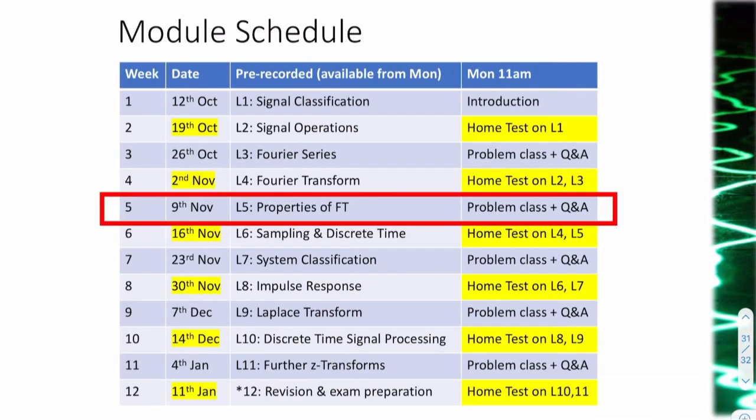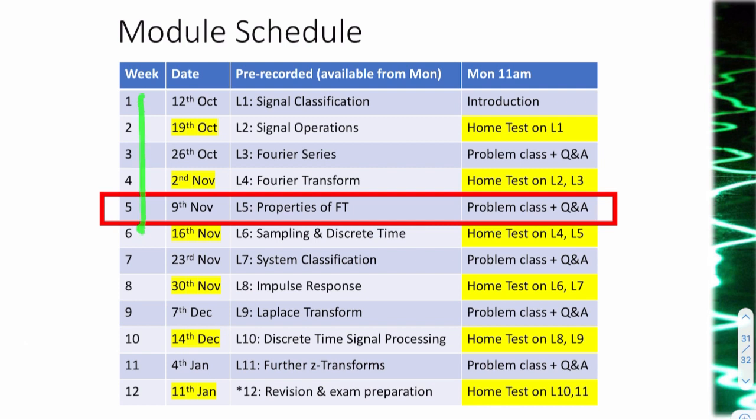Okay, so just a quick reminder of where we are. We've just finished that, which, if you like, is the end of the frequency analysis or the frequency domain part of this module. We have one more lecture next week where we'll be looking at signals, and then everything else is systems. So from lecture 6 onwards, we're looking at systems.